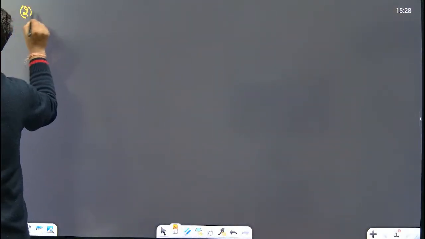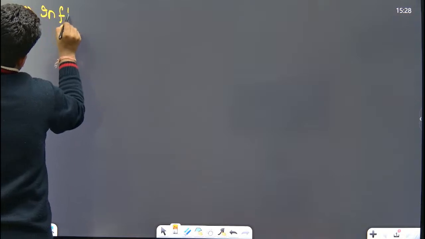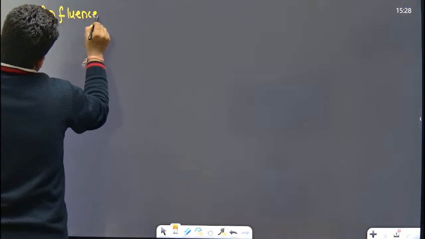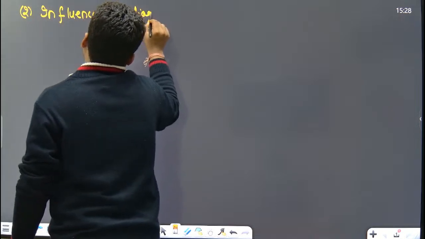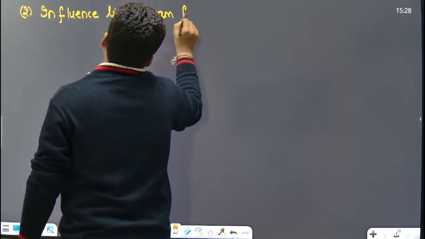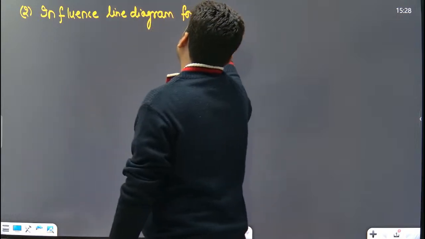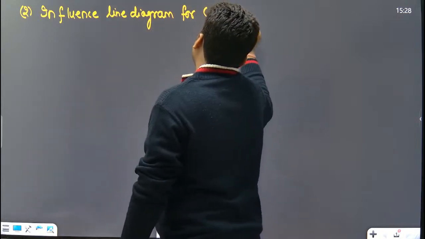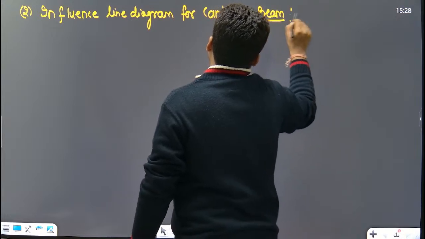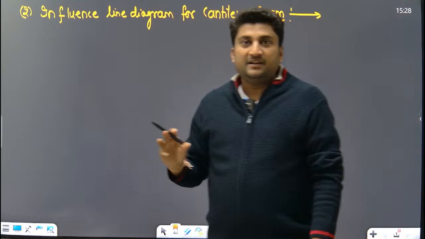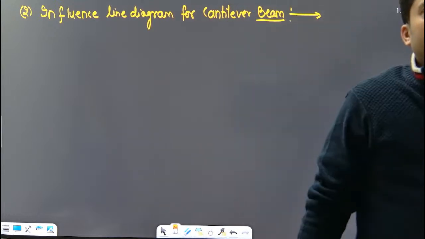Influence line diagram, this is concept 2: influence line diagram for a cantilever beam. A cantilever beam has one fixed end and one free end.